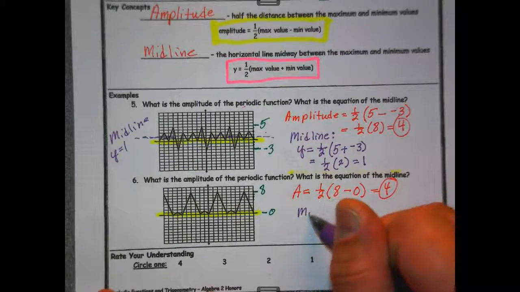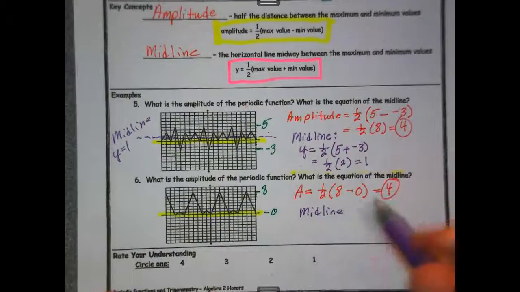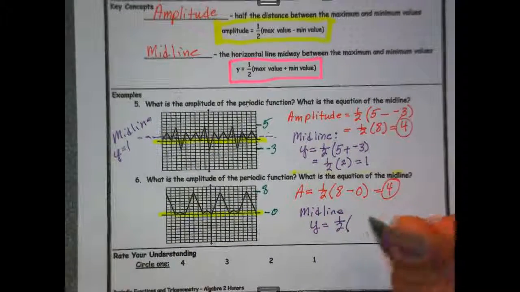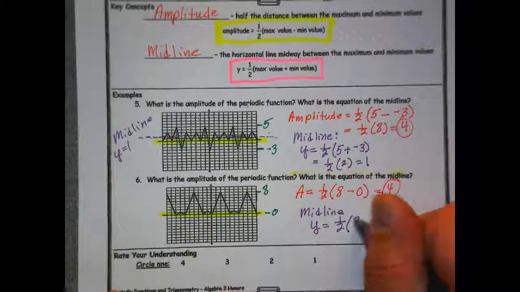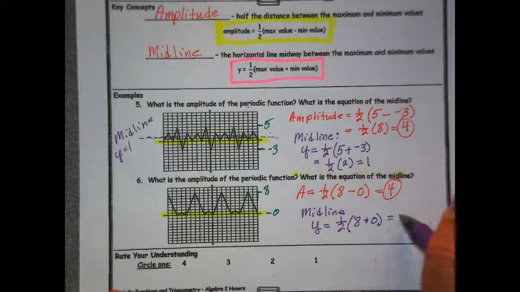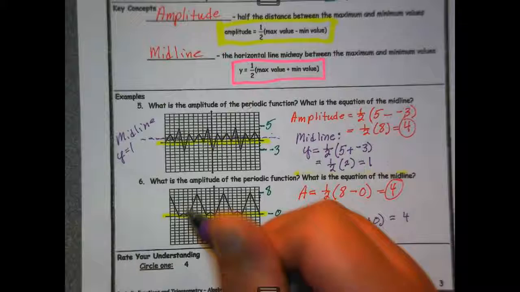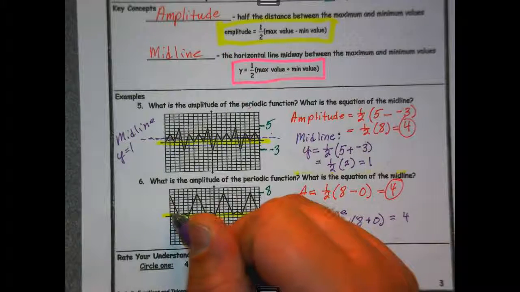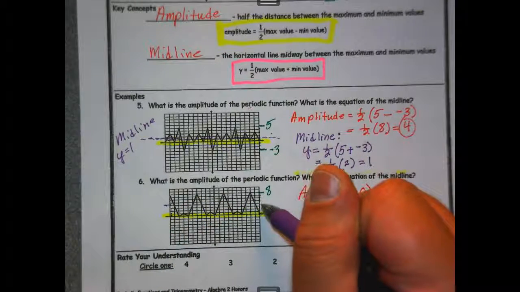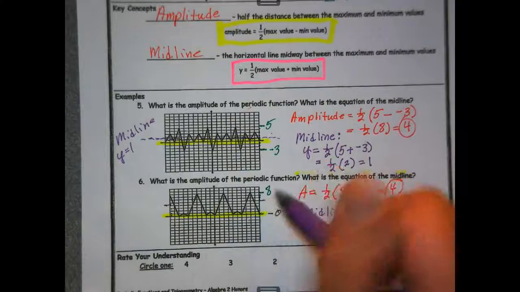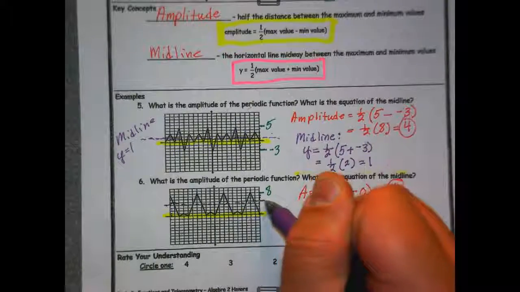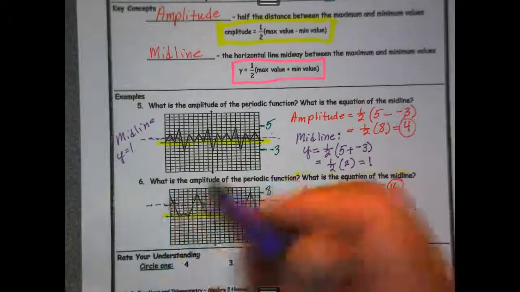Midline: y equals 1/2 of 8 plus 0. And my midline happens to be y equals 4. 1, 2, 3, 4. So that's my midline.